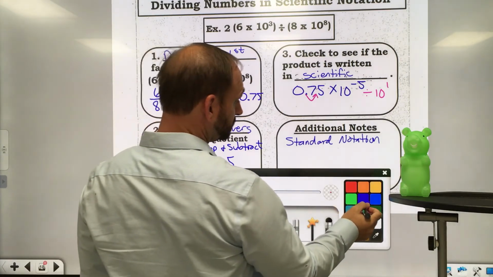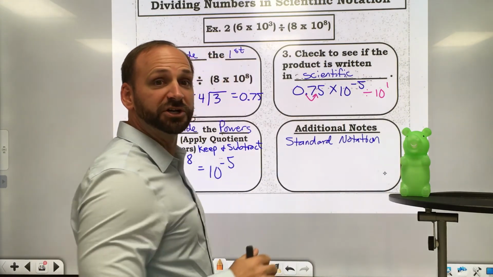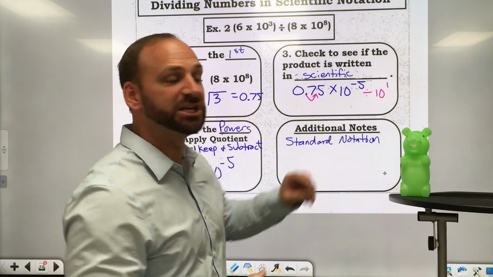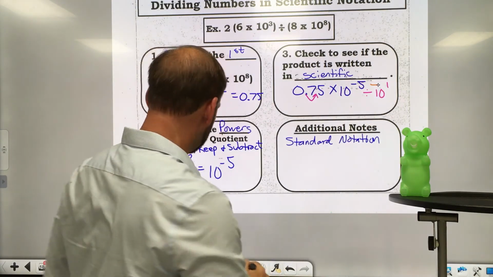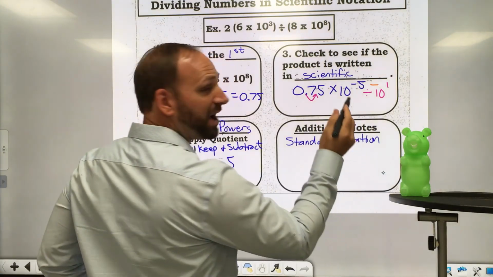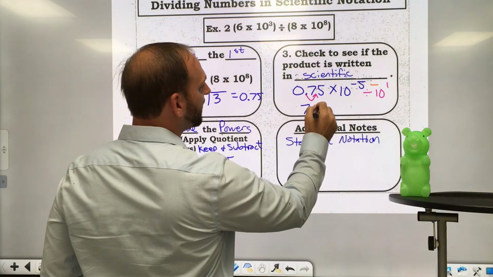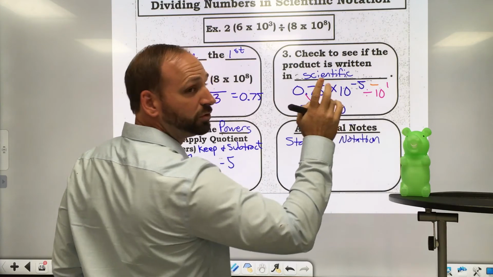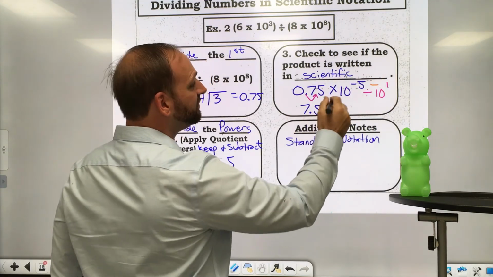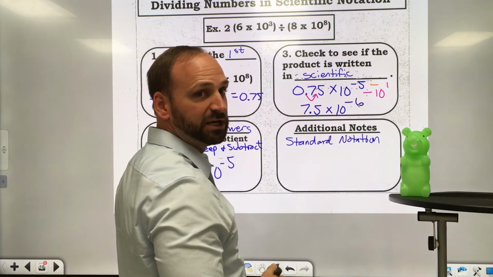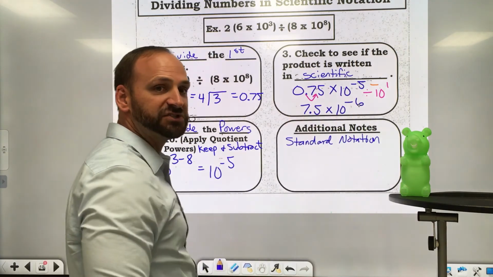Now, remember, when we are dividing a power by power, we keep the base and subtract the exponents. So my number, 7.5 times 10, rules of integers, negative 5 minus 1 is negative 6. Now that number is written in scientific notation.